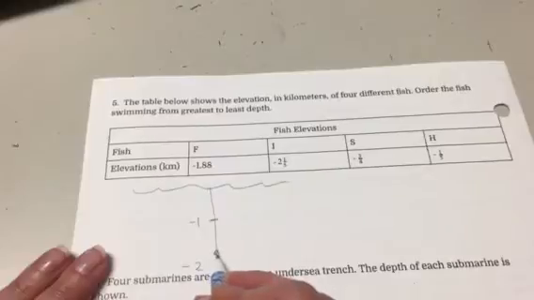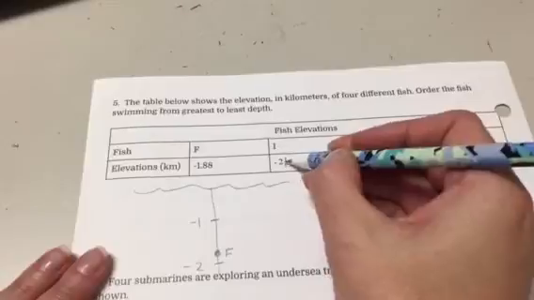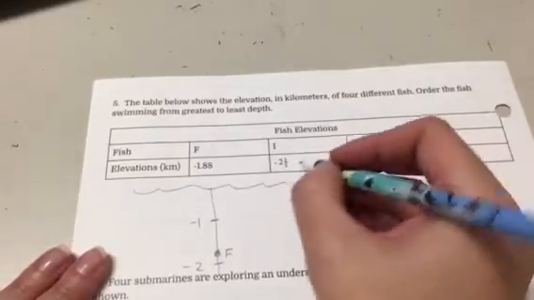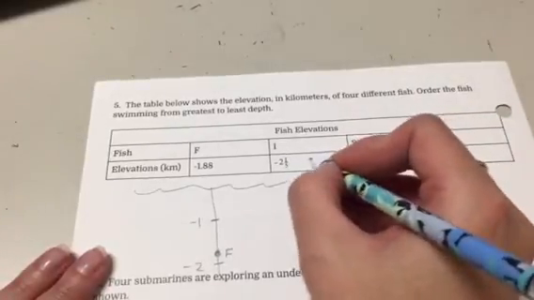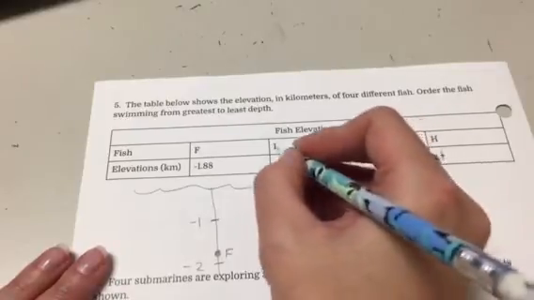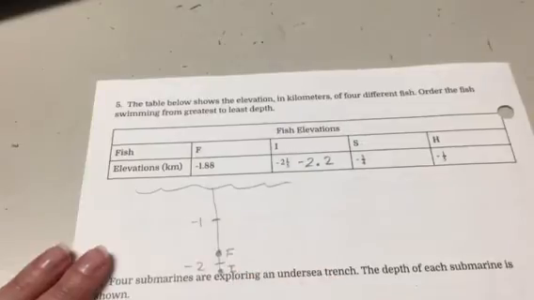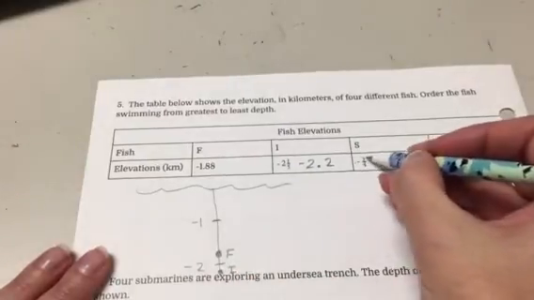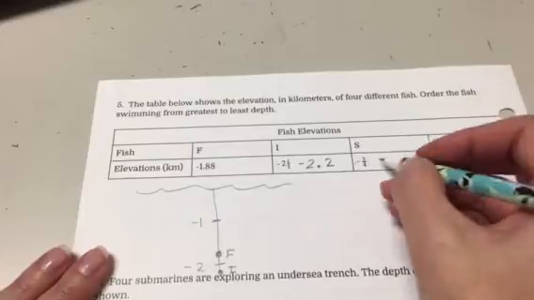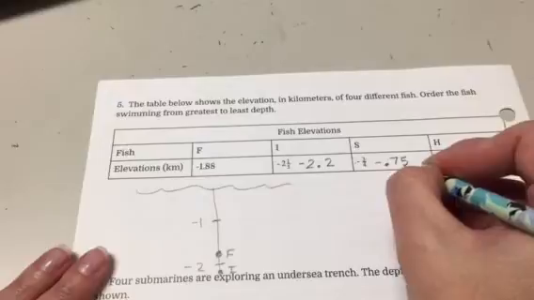And if I said this was negative 1 kilometer underwater, and this was negative 2, then negative 1.8 would be right about here. So here's fish F. Okay, negative 2 1/5. Well, we said 1/5 is really like 0.2, so this is really negative 2.2. So fish I is really about right here underwater. Negative 3/4, we can turn that into money, would be negative 0.75.